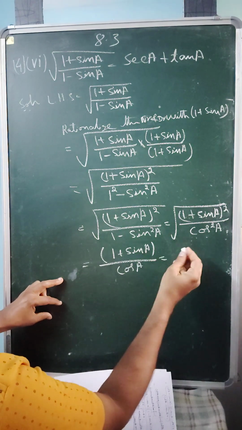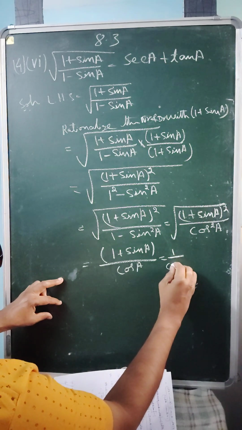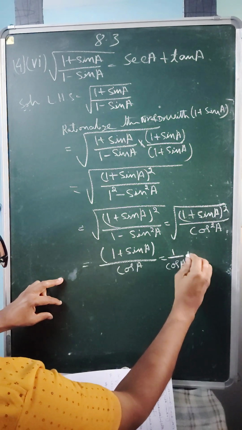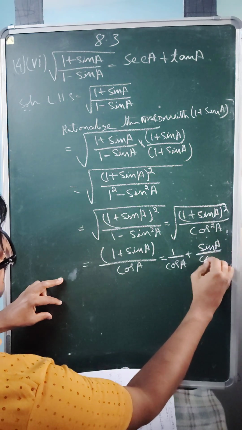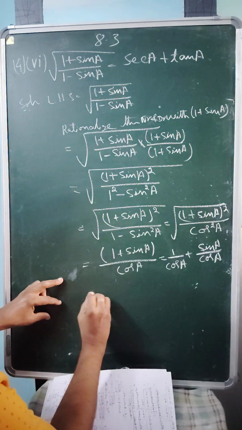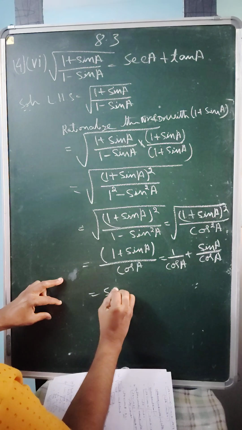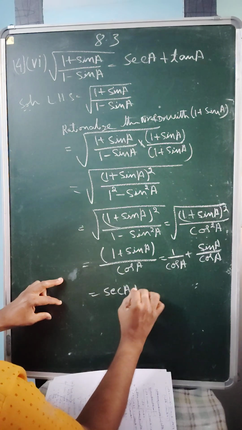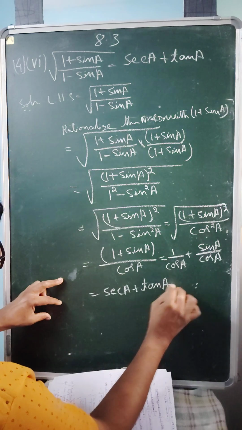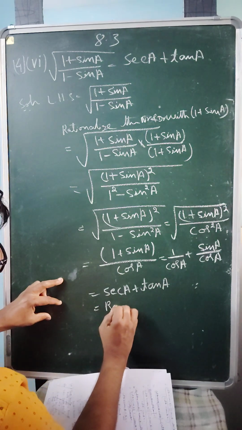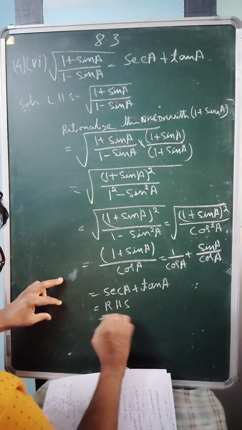Here simplify that: 1 by cos A plus sin A by cos A is equal to 1 by cos A, which is secant A, plus sin A by cos A, which is tan A. This is the RHS, the required answer.